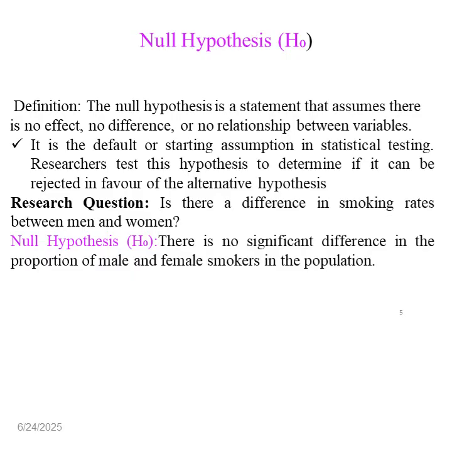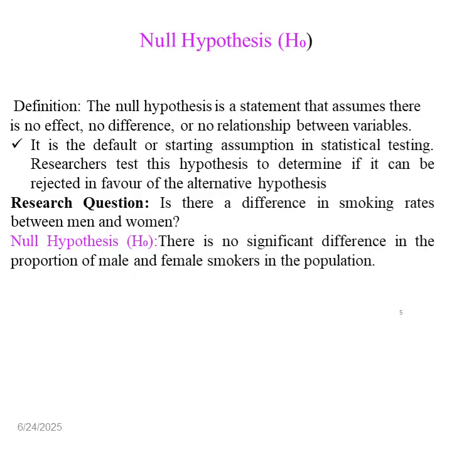Research question: is there a difference in smoking rates between men and women? This is a research question. Null hypothesis: there is no significant difference in the proportion of male and female smokers in the population. This is a null hypothesis. We said there is no significant difference.